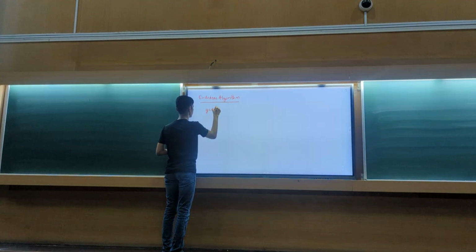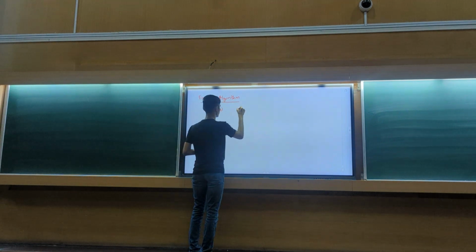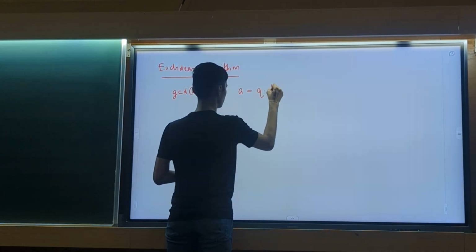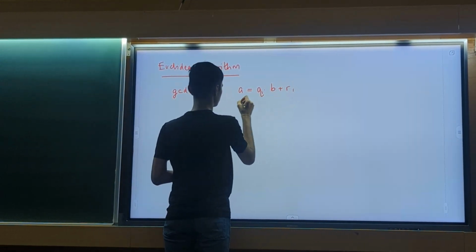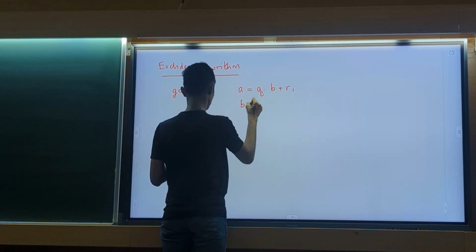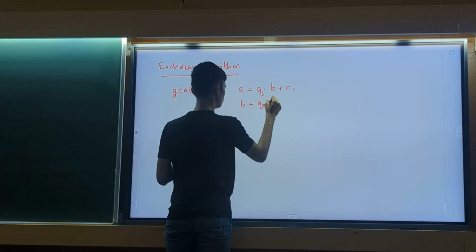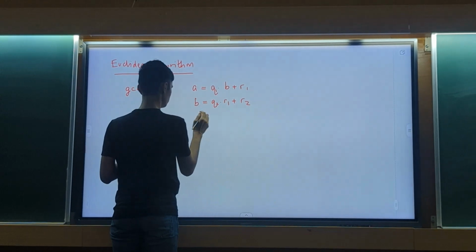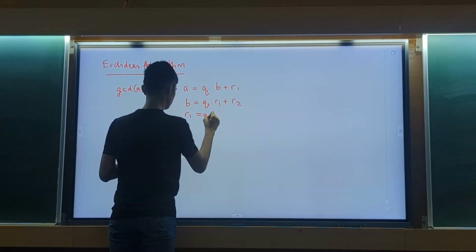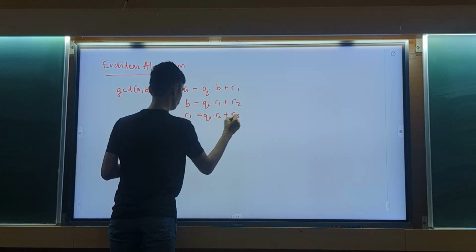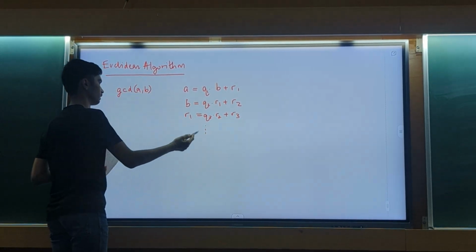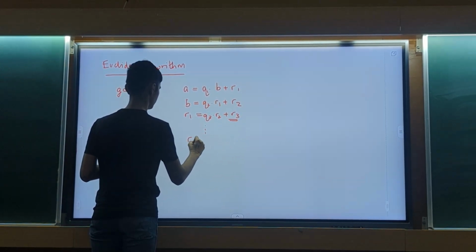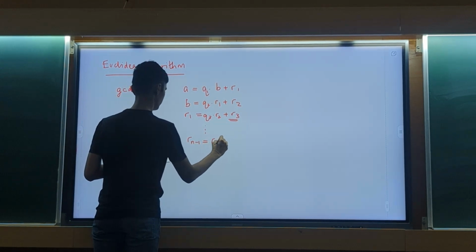Suppose you have to find GCD of a, b, and you basically proceed in this fashion where a is equal to b times q1 plus r1, and continue like this till you basically get the remainder term over here. So you get something like R(n-1) is equal to Rn times q(n+1).